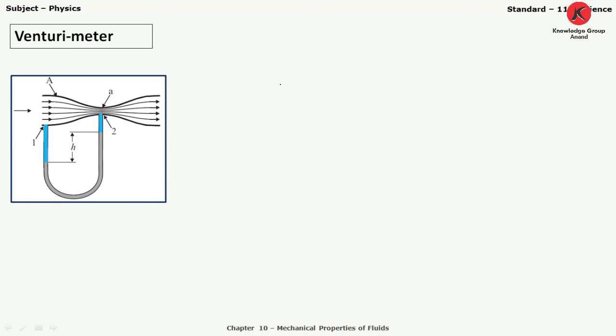Finally, half rho v1 square in bracket A square minus small a square divided by a square, which is equal to rho m g h.